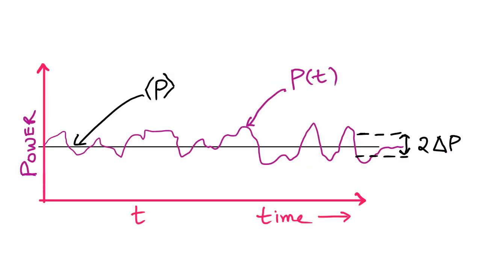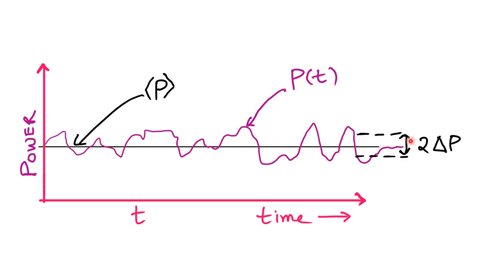So pictorially, one can think of it like this: my power is varying in time, right? That's my instantaneous power. On my x-axis, I'm plotting time. And one can think of an average power, which is the averaged quantity taken over this variation, and it's averaged over this Gaussian distribution of noise, right? And you would get the average P. I have represented that by a level which is black.